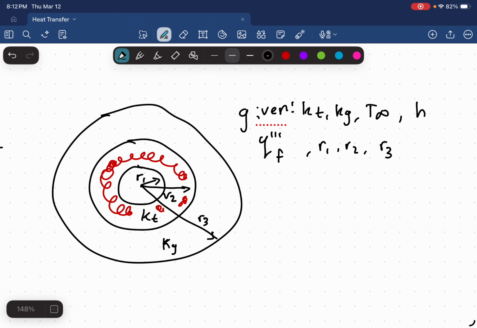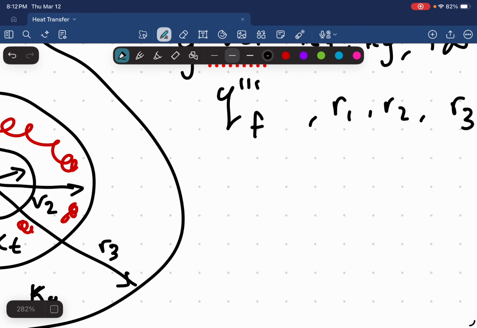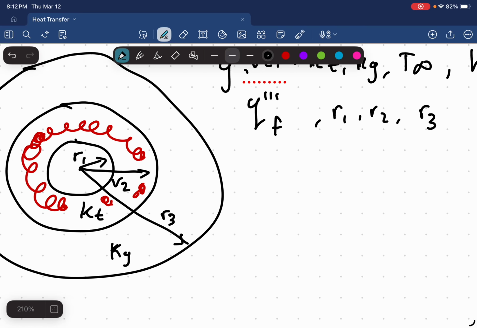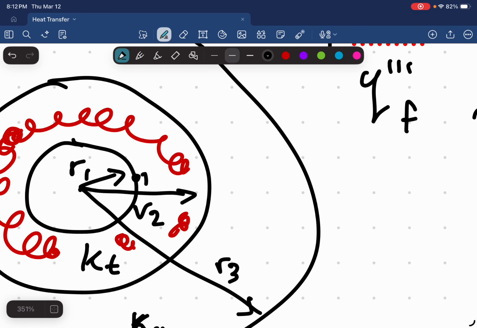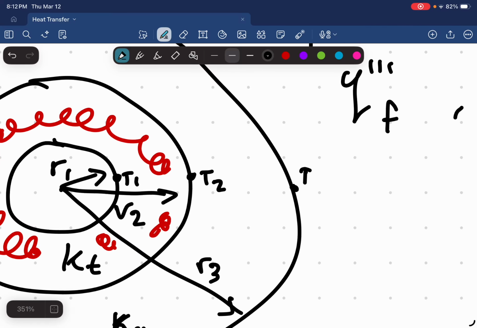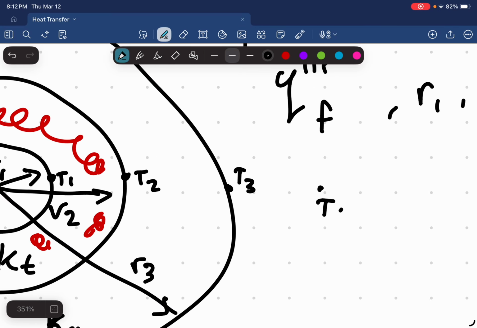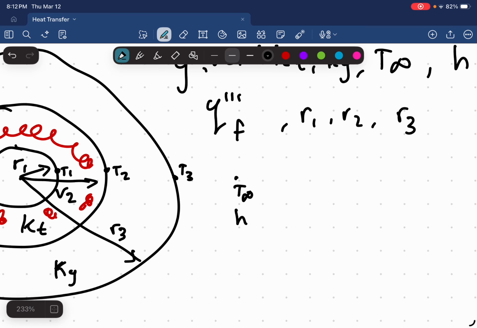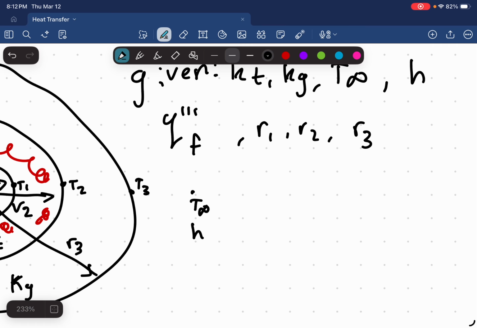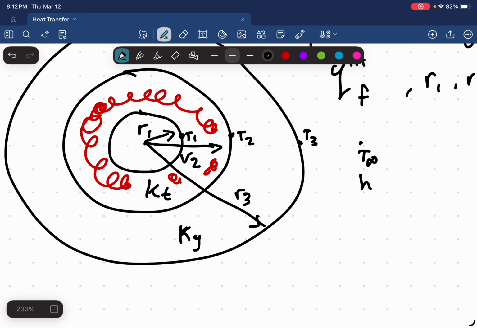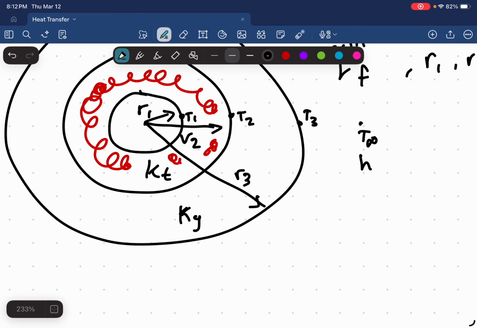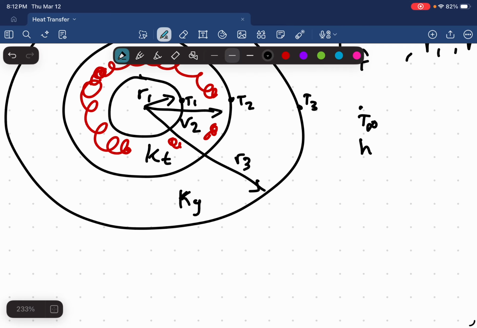Okay, so the first thing to do is make a thermal resistance network. So this is going to be where temperature 1 is, temperature 2, temperature 3, and then your T infinity in the ambient air, as well as the heat transfer coefficient. So your thermal resistance network is going to start from the first temperature node.